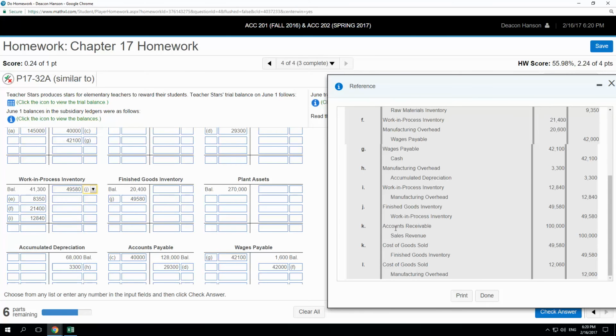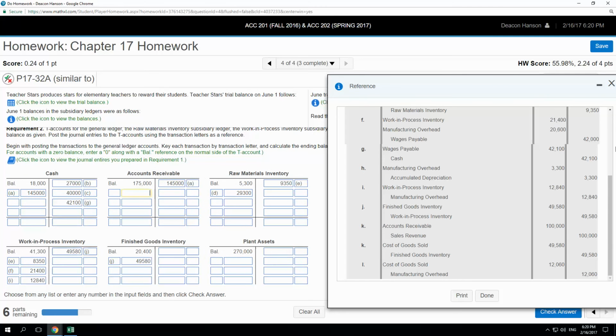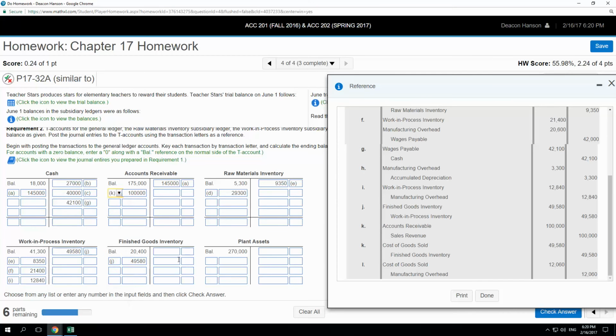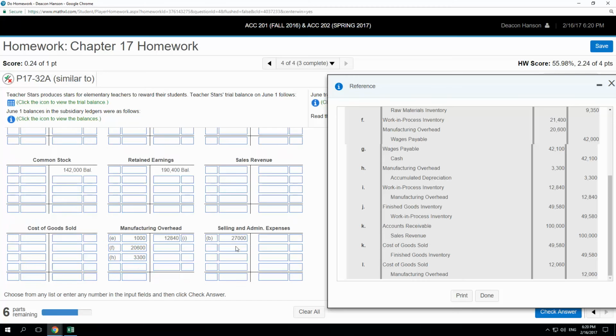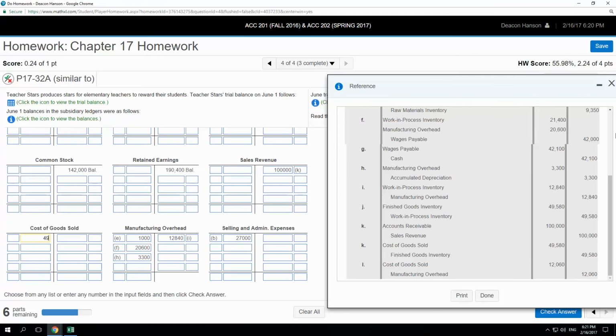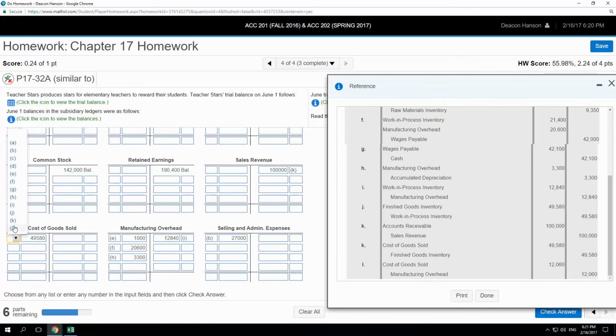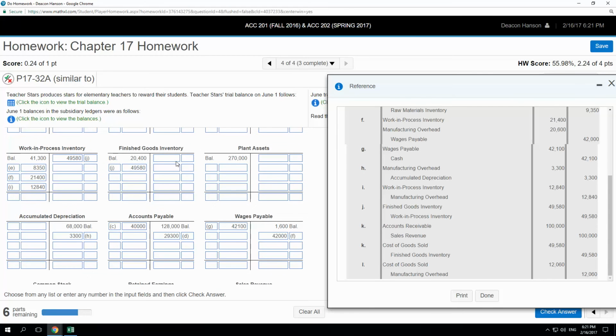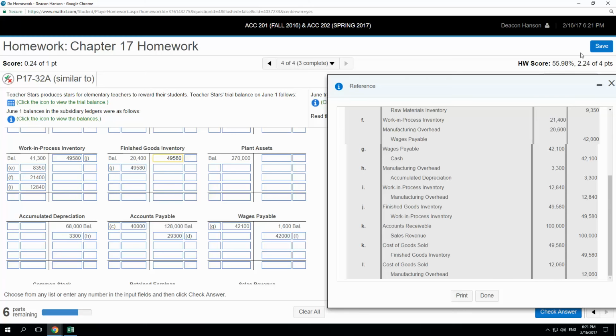K, I got accounts receivable debit 100,000, and sales revenue. And then we got a debit to cost of goods sold of 49,580 and a credit to finished goods 49,580.